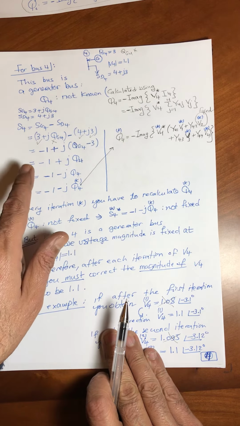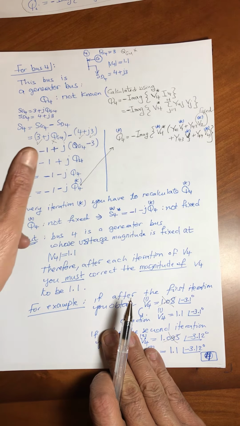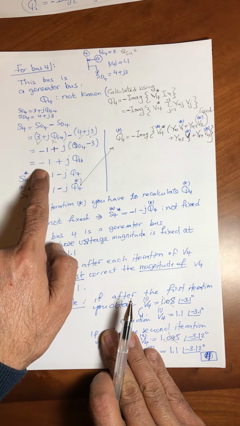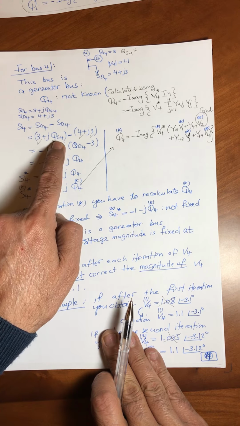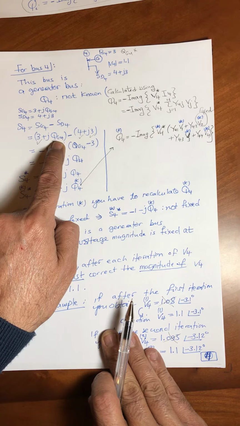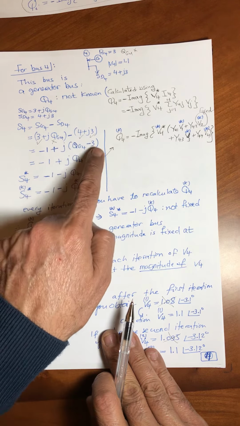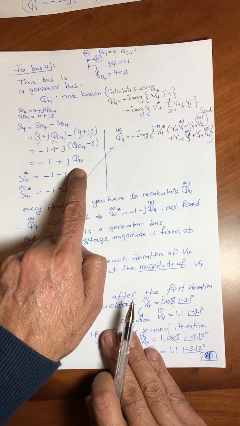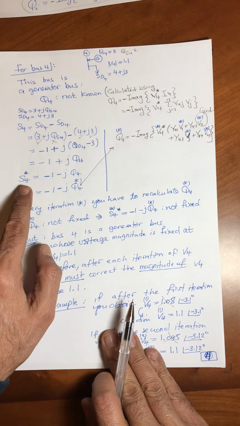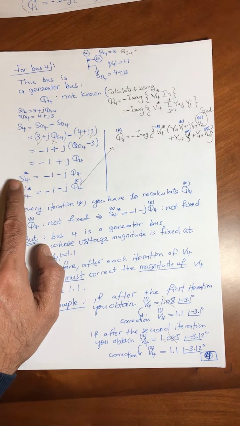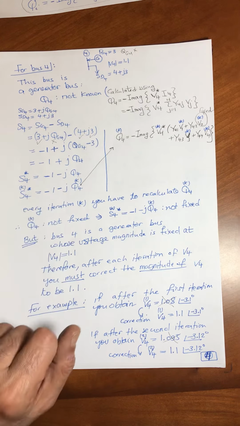So when you subtract the two brackets, you will get 3 minus 4 is minus 1, QG4 is unknown, minus 3 known. So the net result is unknown. So we will call it Q4. In this case, S4 conjugate is minus 1 minus JQ4.